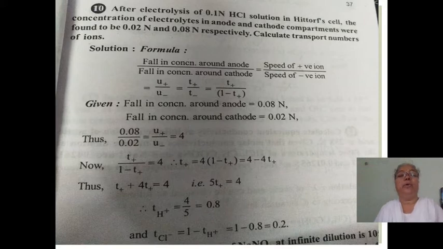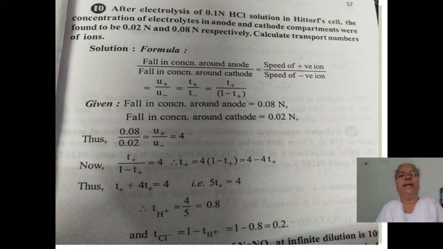And you have seen the three cases and learned that the concentration at the anode compartment and cathode compartment decreases, and the important assumption made by Hittorf is that the discharged ions do not react with the material of the electrodes, and due to this the decrease in concentration takes place.